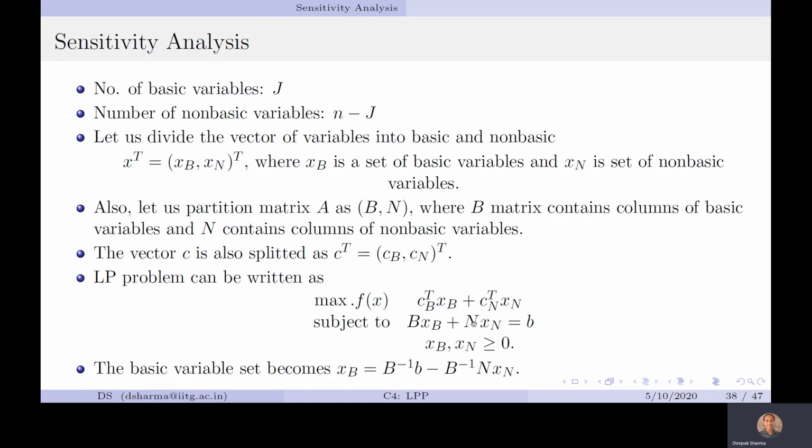If we take the term from the left-hand side to the right-hand side, the basic variable set becomes xB equals B inverse b minus B inverse N xN.